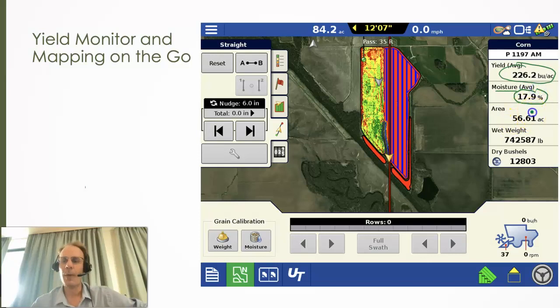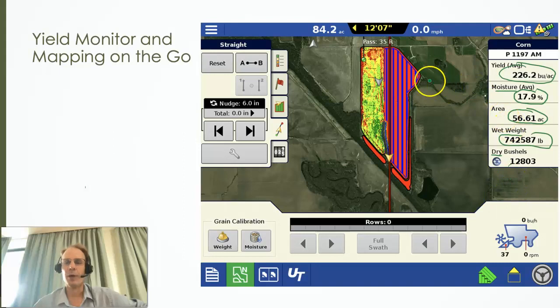It shows the total amount of area that has been harvested by the combine or harvester, and the total wet weight. That weight will be different from the dry weight. Again, remember we have a moisture sensor on the combine so that we can adjust that weight based on the amount of moisture.